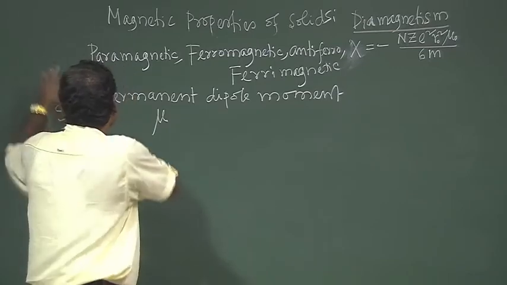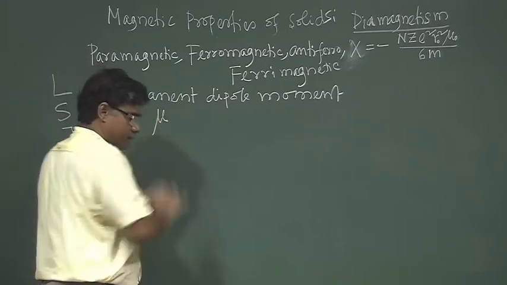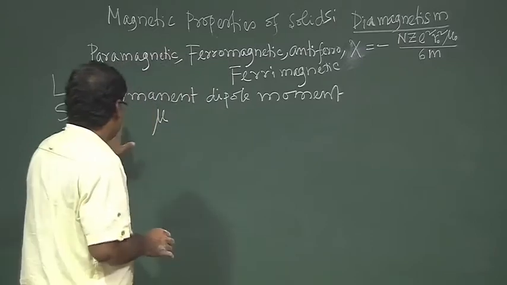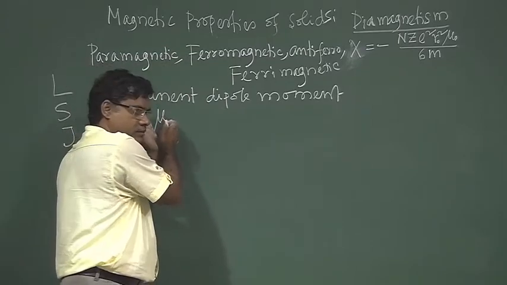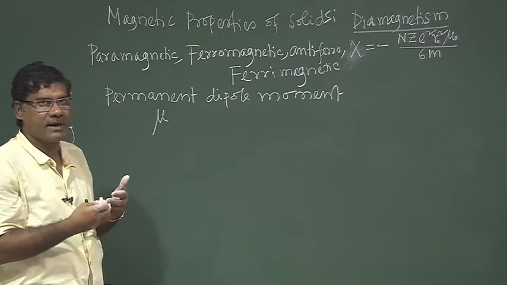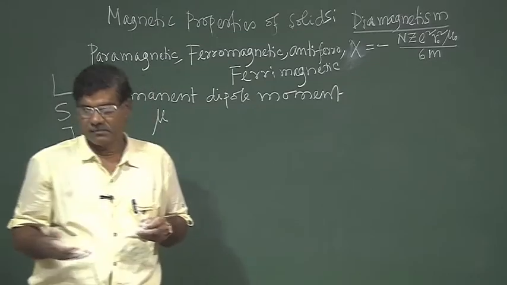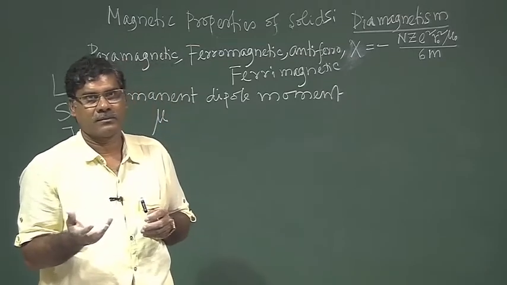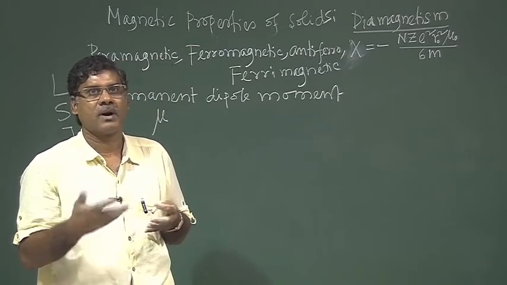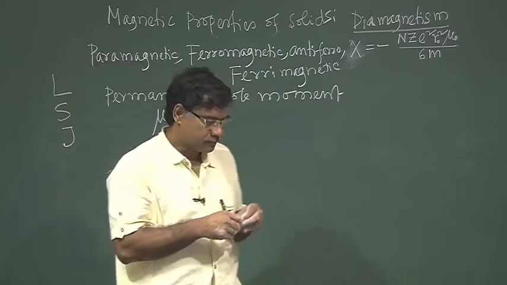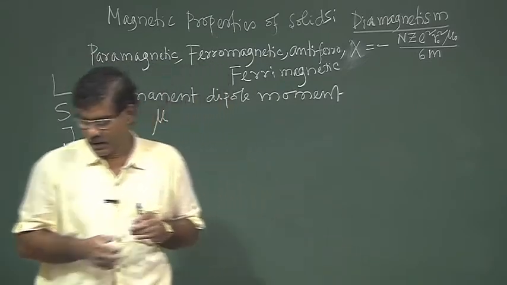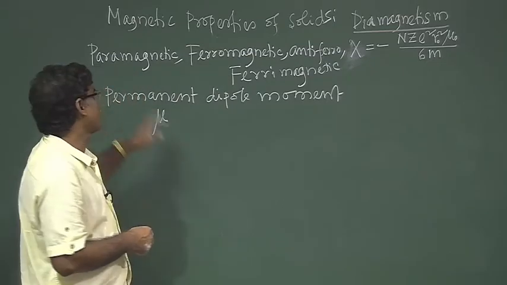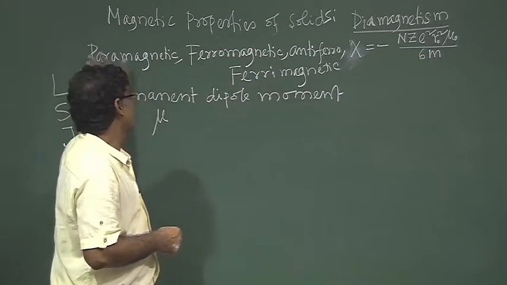Depending on this value we get the magnetic moment for that atom. In general I am writing just mu; it can be mu L, mu S, mu J, depending on the material and the atom, whether it is iron, cobalt or copper, etc. Wherever the permanent dipole moment is there, that material will show one of these properties.